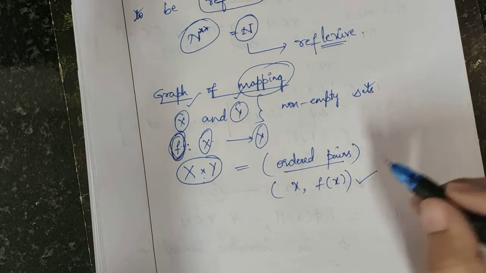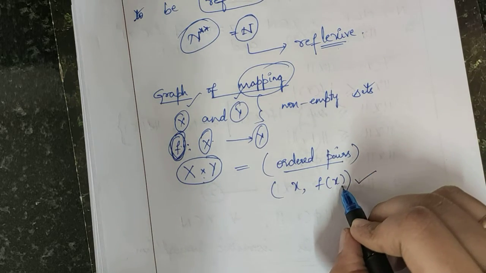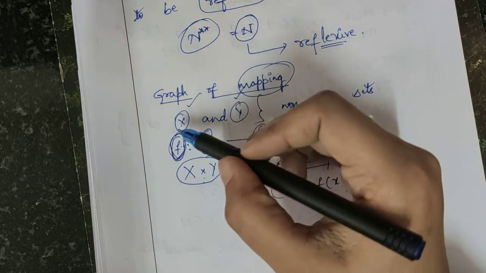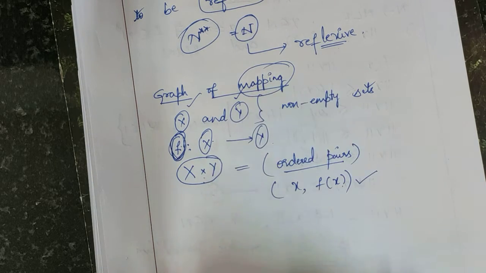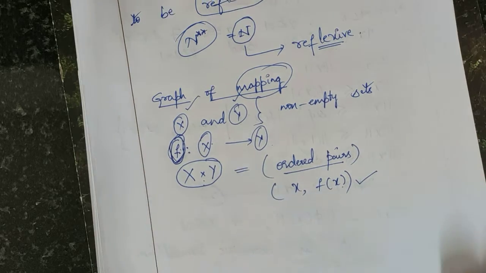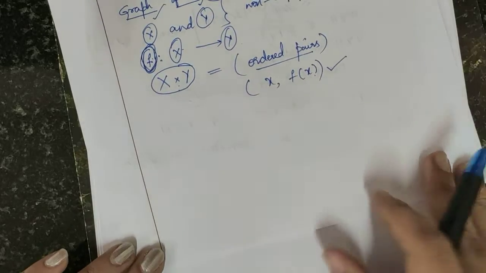If any ordered pair is in the form of x comma f of x, then you can say that it is a graph of mapping f from X to Y. This is how we define our graph of a mapping.